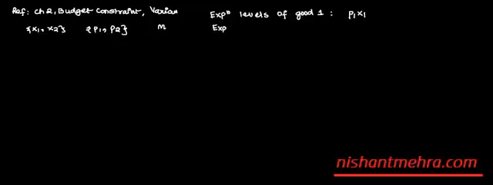Similarly, what is the expenditure level on good 2? That would be P2X2. Is that right?